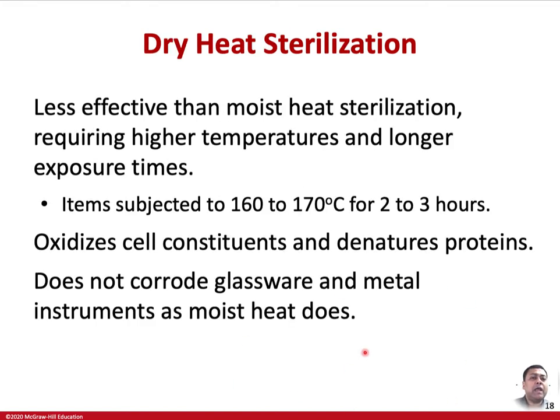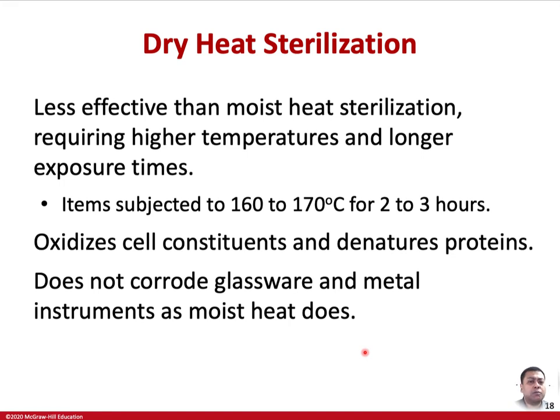On the other hand, dry heat sterilization is much less effective. For example, Clostridium botulinum is one of the causal microorganisms for food poisoning. Botulinum toxin is very, very toxic.